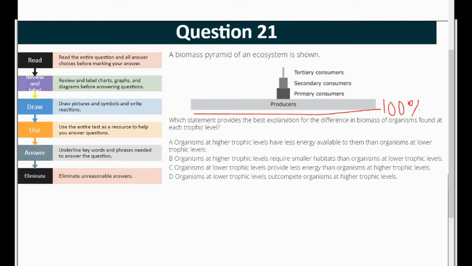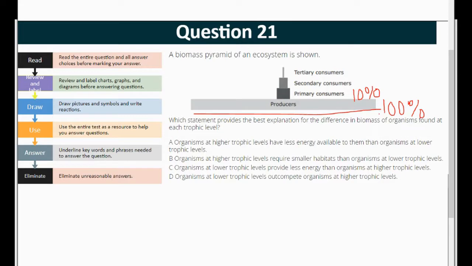So we've got 100% of the energy, and that's why we have so many producers down here. Well, as those producers are being eaten by primary consumers, we lose energy, and that's through methods like heat and other forms of energy loss. Okay, and so at this point, when those primary consumers eat the producers, we have about 10% of the energy that we had before. So we lose about 90% of that energy at each trophic level.